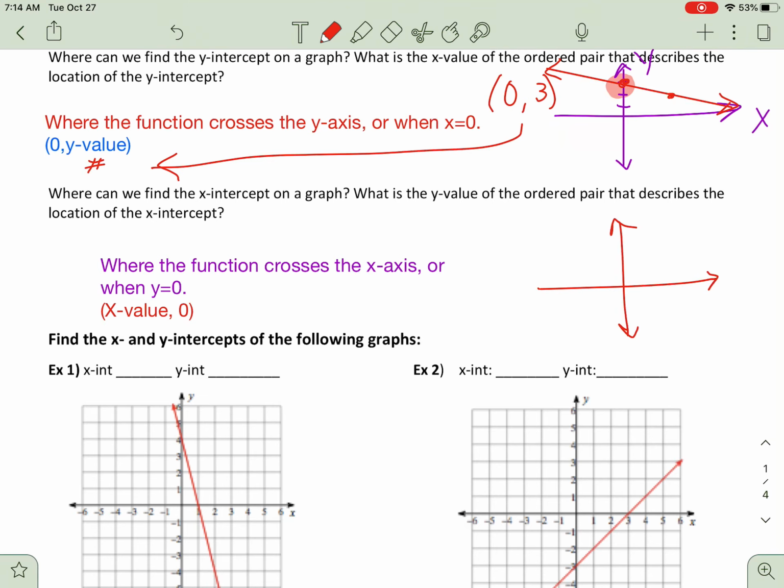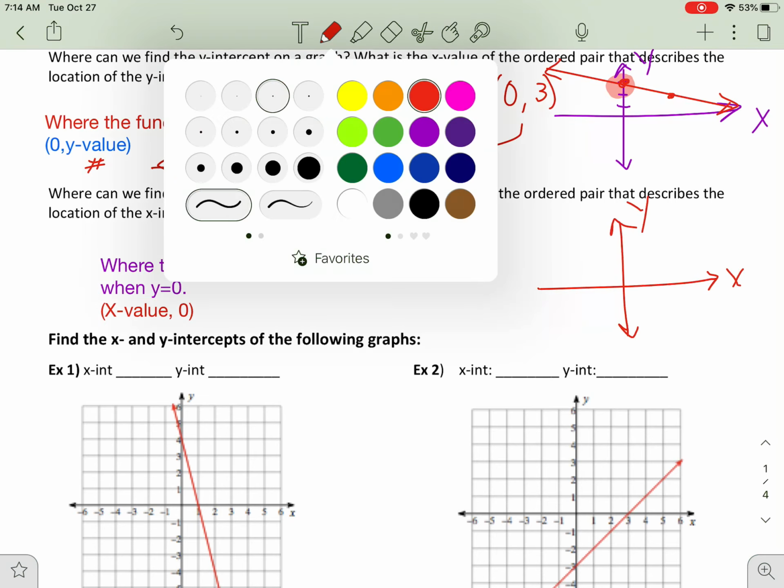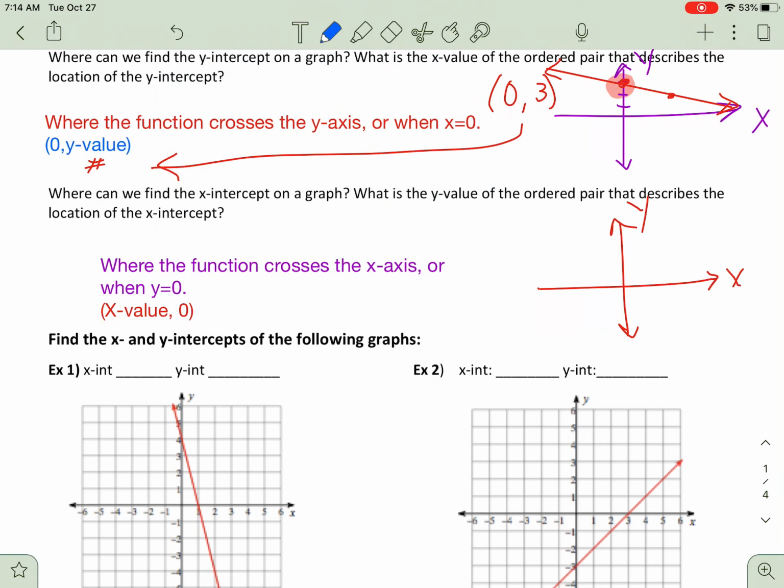Okay, we graph a function on a line, and it crosses the x-axis, let's say right here. Okay, so that would be that point. So if it's, let's say, 2, then that point would be 2, 0, right? So some number and then 0.